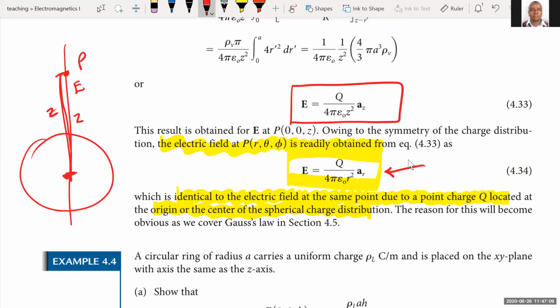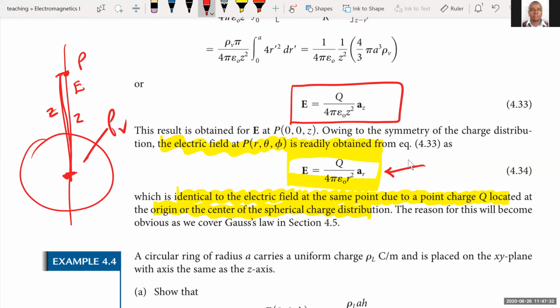And what we are also observing is that it will no longer be dependent purely on the charge density rho v, but rather on the charge itself, because the bigger the volume, the bigger the charge.